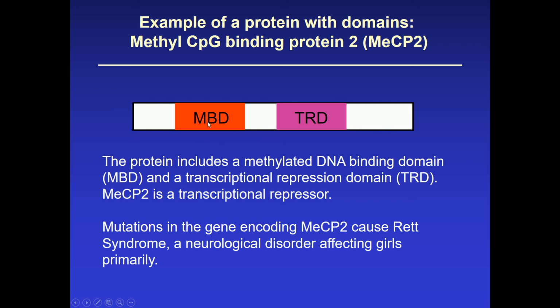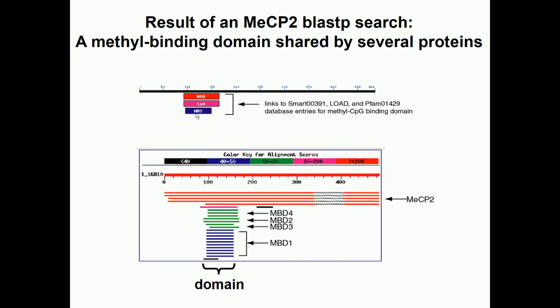If you do a BLAST of this protein, it has been found that there are various other proteins which also have this kind of domain. This MBD is the DNA binding domain.